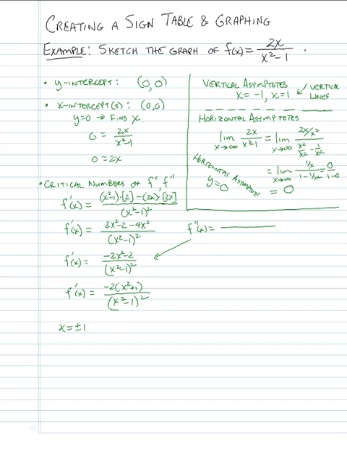We take the denominator, which is x squared minus 1 squared, and we multiply that with the derivative of the numerator. Well, in this case, the derivative of the numerator is negative 4x.